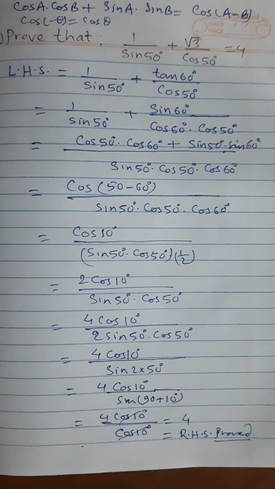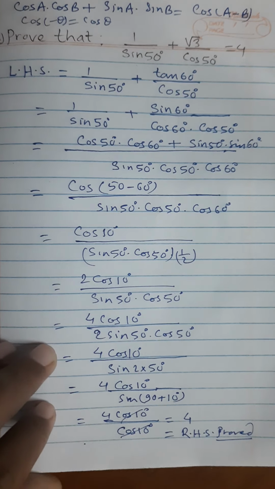And now if you need to copy it, then you can pause the video and then you can copy it. Now I will move to next question of this proving identity.